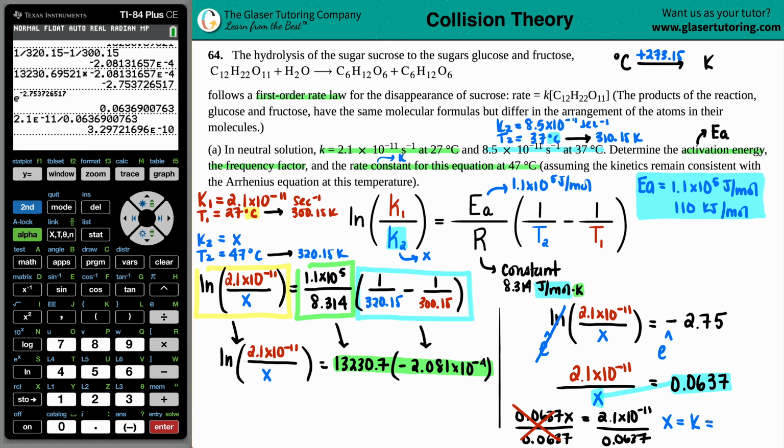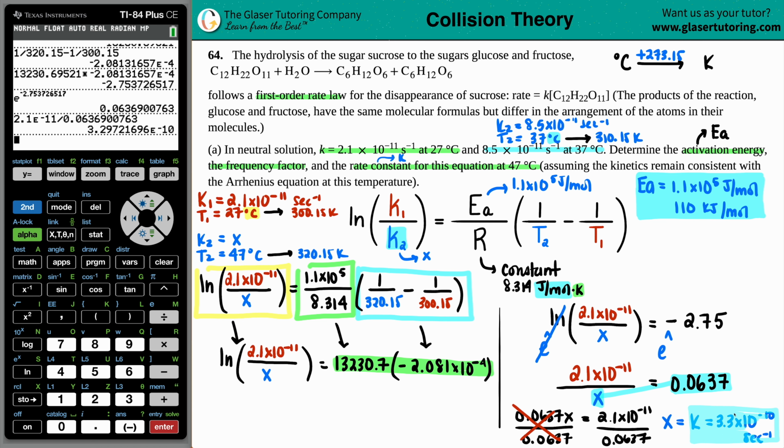And we'll say 3.3 times 10 to the negative 10th. And the unit here is the same units as all the other k values, so seconds to the minus 1. And I will box that answer off and I'll throw it up on the top. And we're done with that one.